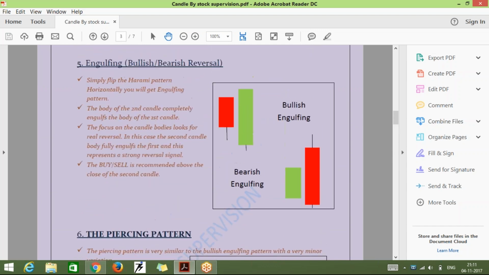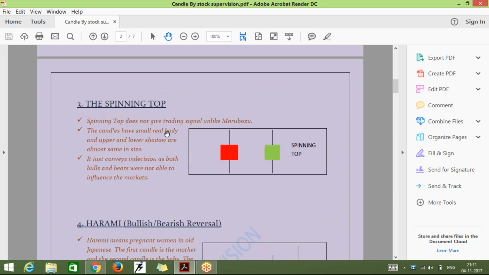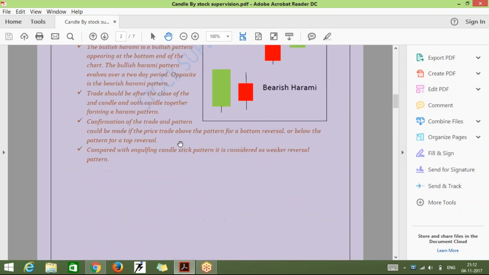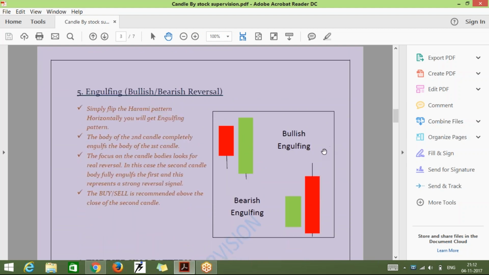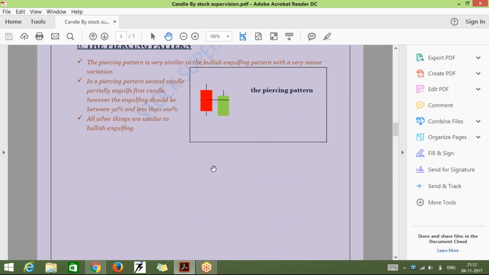And these are single patterns we have read, like spinning top, doji, and marubozu. Marubozu is not rarely seen, but again it is powerful with doji. If you're finding a marubozu with doji, this is actually tradable. A single marubozu is not effective, but if you find a doji along with that, be it a bullish or bearish marubozu, a trend reversal is almost a must. Almost a must in the sense you can trade for at least 3 to 4 points.